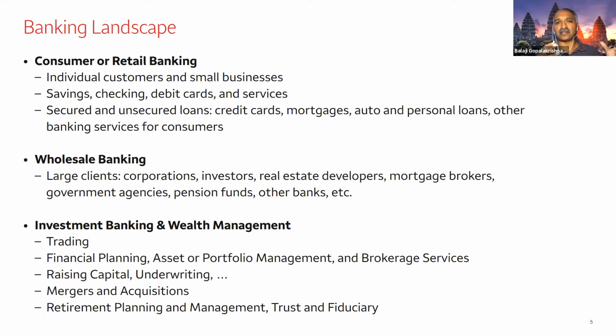That then flows through downstream applications around reporting and machine learning modeling and a whole bunch of other activities. Okay, so that's a high-level view of how banks are structured and what banks actually do.